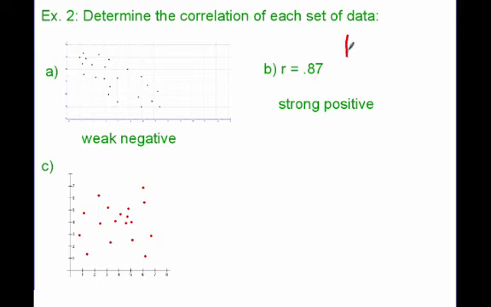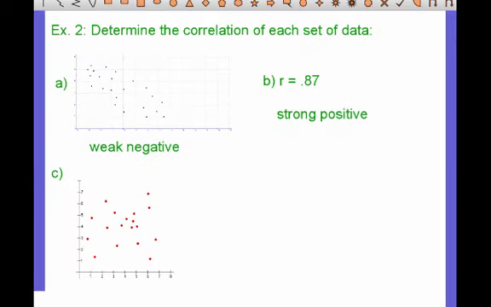If I was to draw a picture of my data, ugh, that's terrible. Here, let's do a little bit better job of drawing pictures. If I was to draw a picture of this data, if that's my x-axis, this is my y-axis.